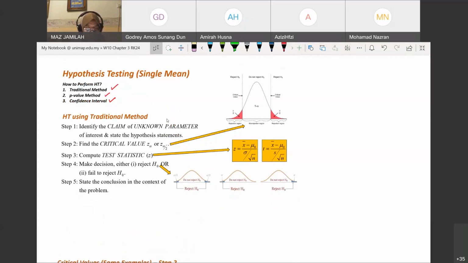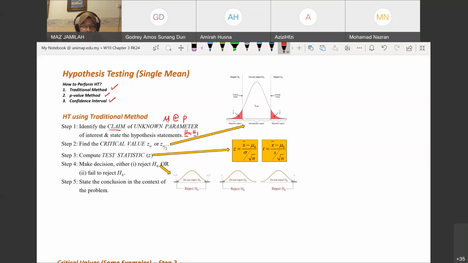In this case, you need to figure out what your null is, what your alternative is, and whether the hypothesis testing is referring to mu or to P, the population proportion. And you need to identify which statement is your claim: is your null your claim, or is your alternative statement your claim?